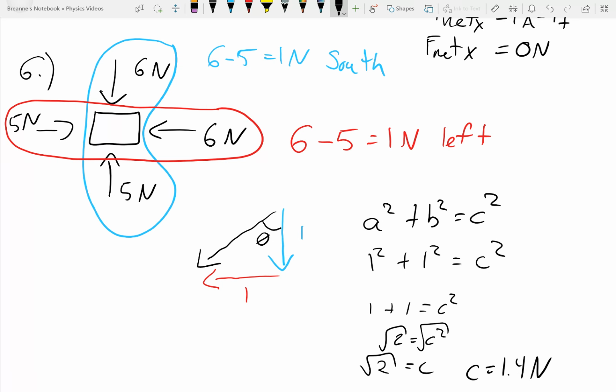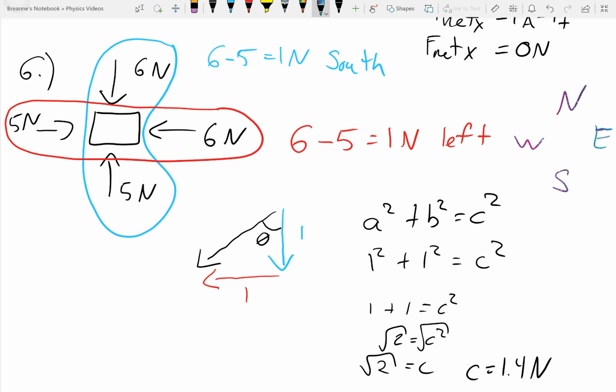Now, the direction it's going, if you think about your never eat soggy waffles or never eat sour watermelons, or whatever little thing works, I always remember it's north, south, east, west. So however works for you, you realize it's going in the southwest direction.